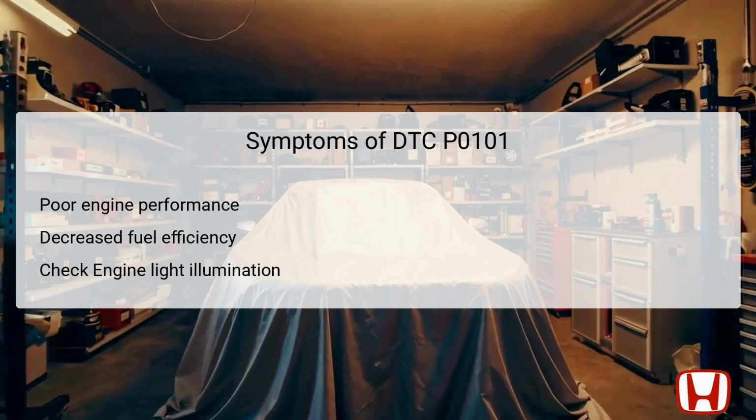Drivers may also experience decreased fuel efficiency due to an imbalanced air-to-fuel ratio, causing overfueling or underfueling. Furthermore, the check engine light will illuminate, prompting the driver to seek diagnostics and repairs. Recognizing these symptoms early can help avoid more severe engine issues and costly repairs.